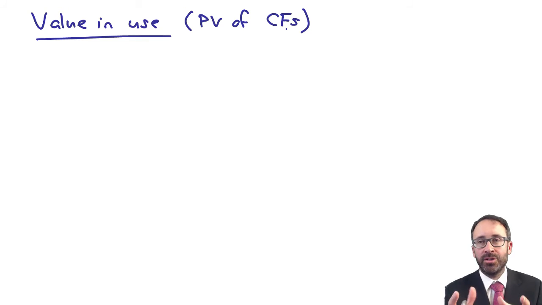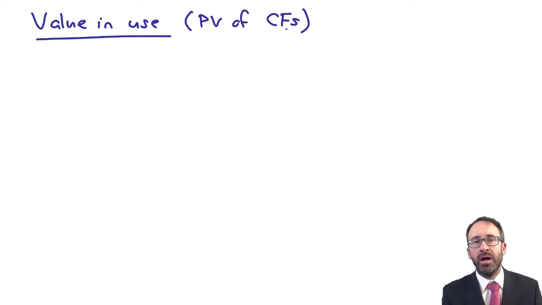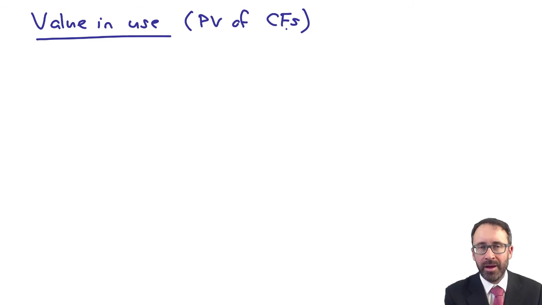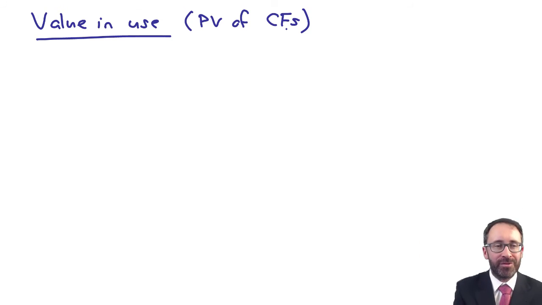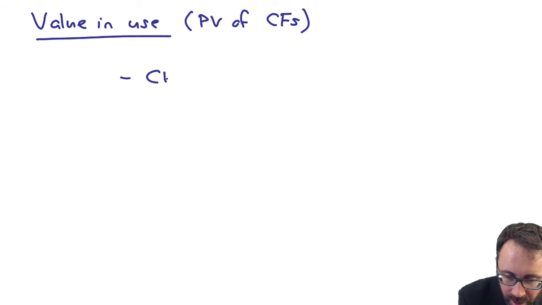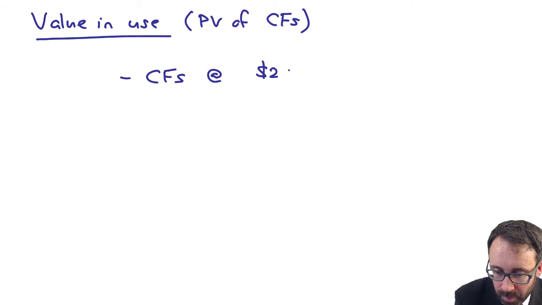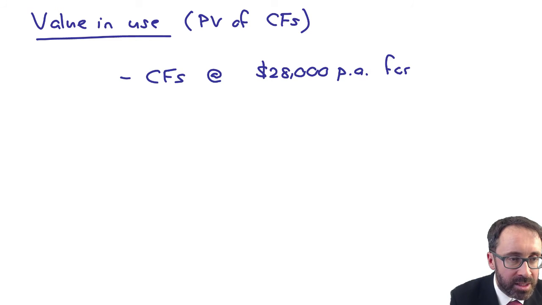Okay, so here let's just say from that asset that we own, or control I should say, you may own it, that does give you control, but you can recognize an asset if you don't own it, if you do control it. We'll see that in leases later. But this is why the framework's so good. But what you've got here, let's just say that you've got some cash flows at $28,000 per annum for, is it 8 years.